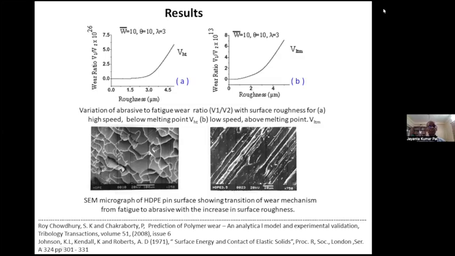So here we can see in both cases, at low roughness, the ratio is very small. Again, not zero, but very small. And that is because at low roughness, the surface is very smooth, and you'd expect very large fatigue wear.